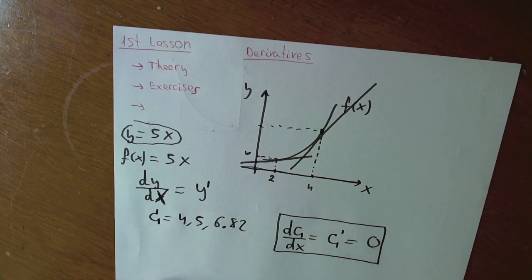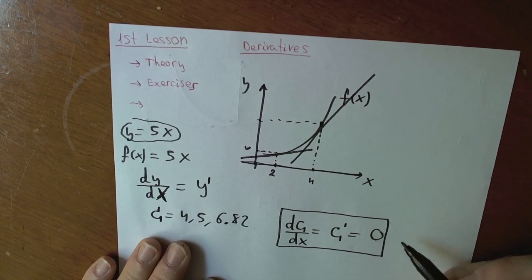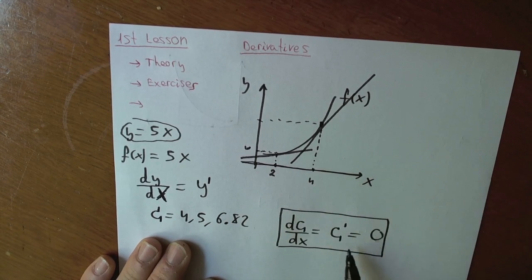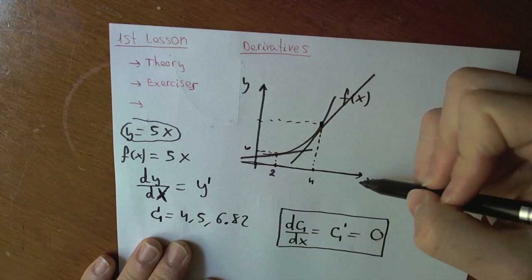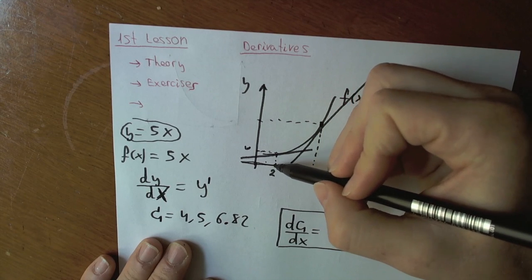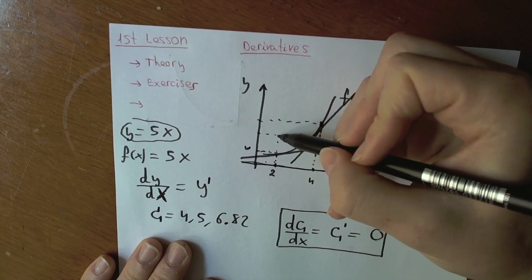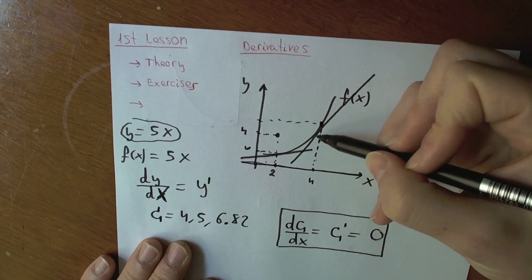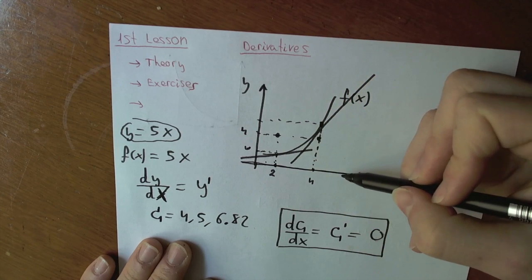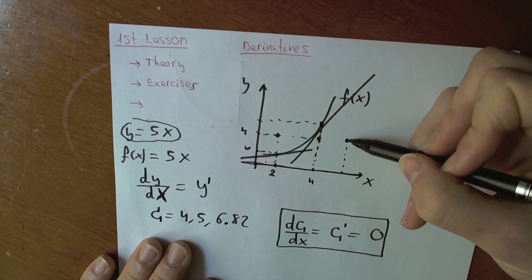Why is this happening? What's the reason for this? Because if the function is a constant, for example 4, it means that for every x, for x equals 2, the value is 4. And for x equals 4, the value is still 4. And for x equals 8, the value is still 4.